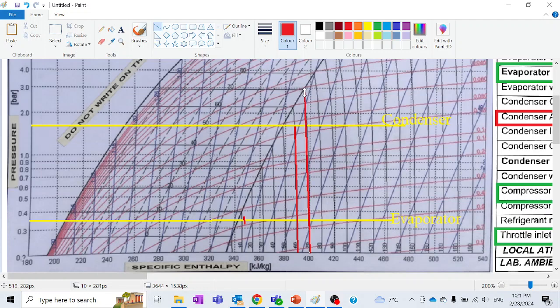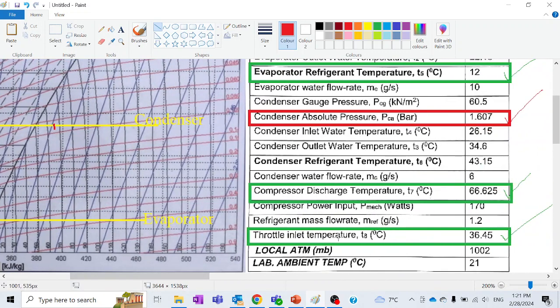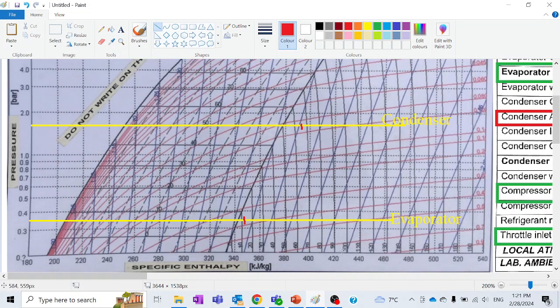So I would like to trace a point like here, which is almost 66. Now another temperature is provided to us, the throttle inlet temperature. The procedure is that from the evaporator the refrigerant will enter into the compressor, from the compressor it will exit into the condenser, and then it is going to enter into the throttle.